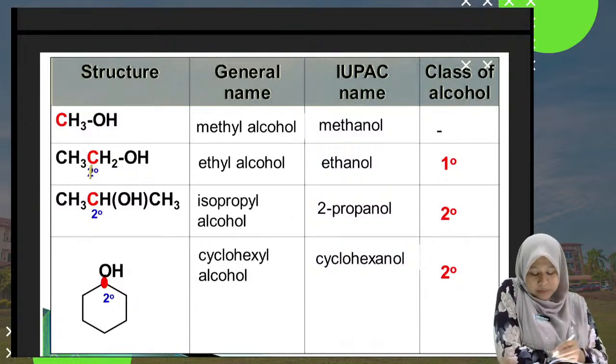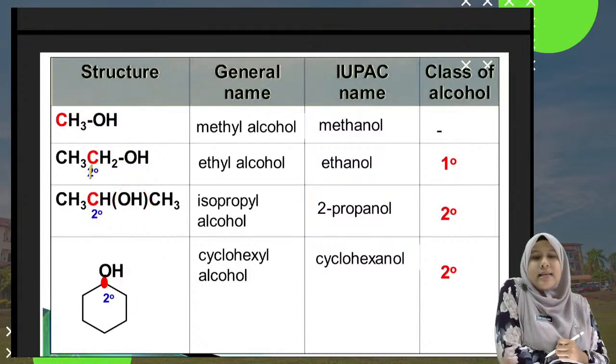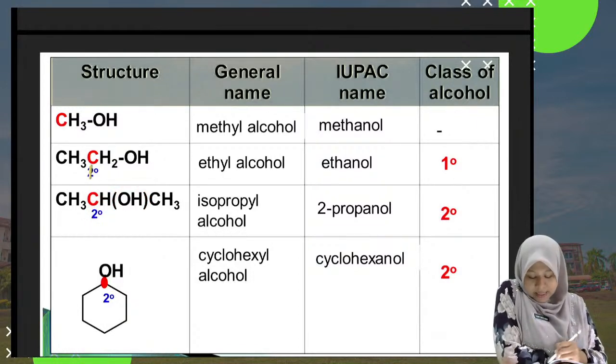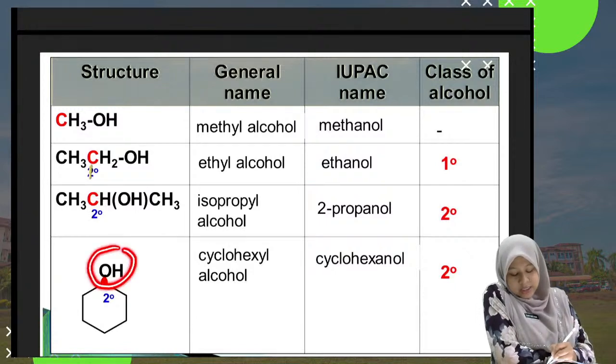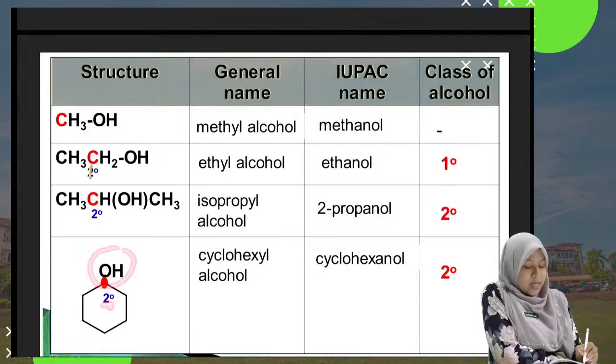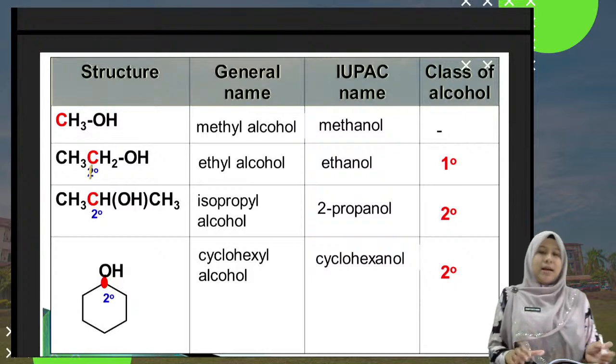The IUPAC name is 2-propanol. The OH is attached to a secondary carbon, so the class is secondary alcohol. And the third one, cyclohexyl alcohol, or IUPAC name cyclohexanol, has the OH attached to a secondary carbon, so the class is secondary alcohol.